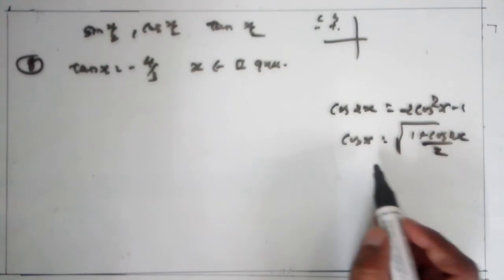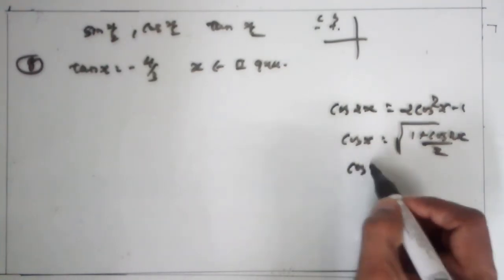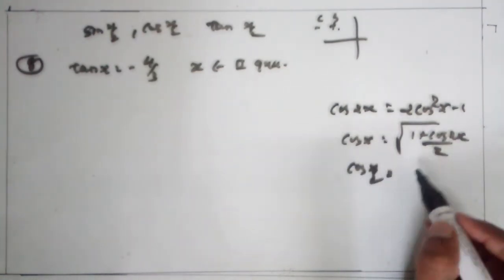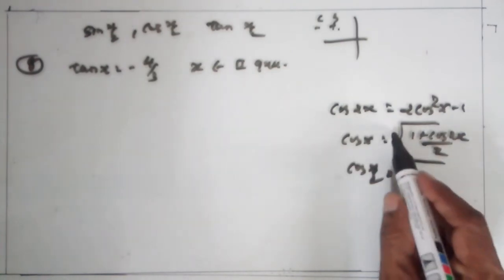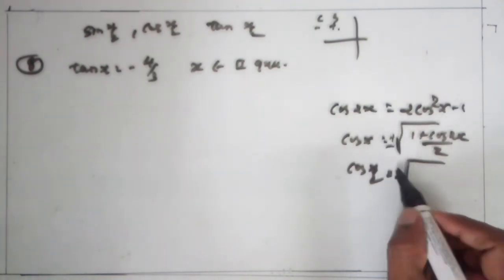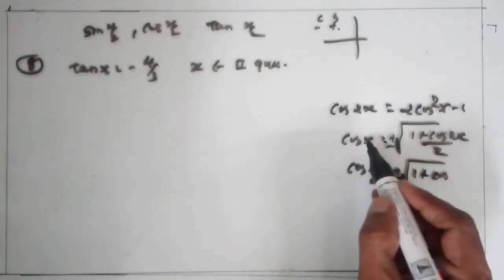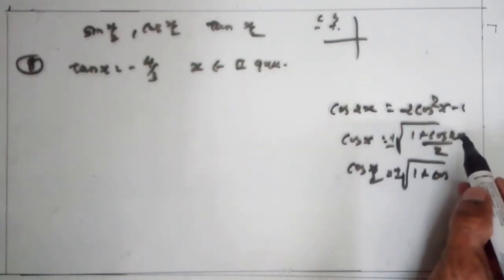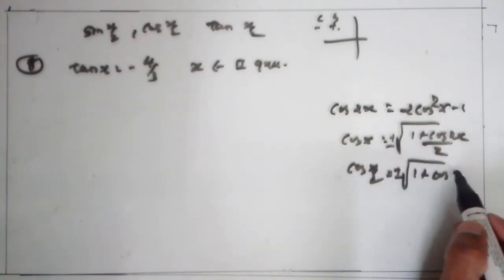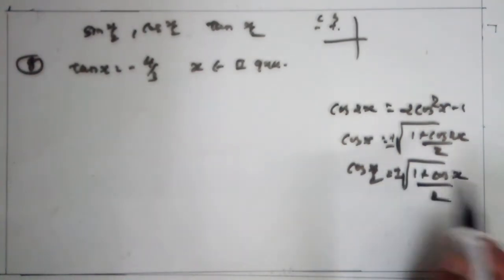Clear this? So cos x by 2 is equal to root of, here plus or minus, remember this, 1 plus cos, here x, then twice of x is 2x, here x by 2, then twice of this is x upon 2. Clear? So 1 plus cos x upon 2.